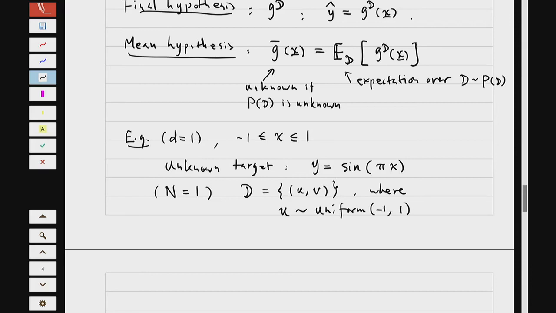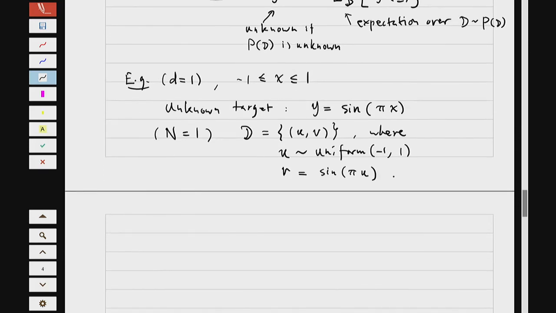Okay? And then of course V, because it's a true label, right? Clearly V has to be equal to sine of pi times U, yeah?